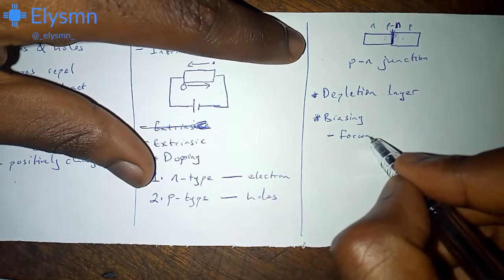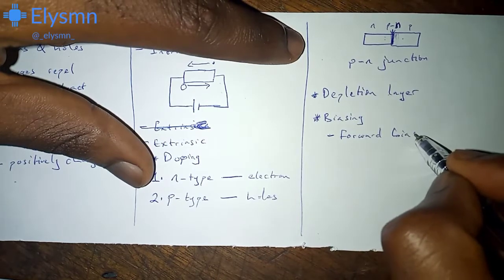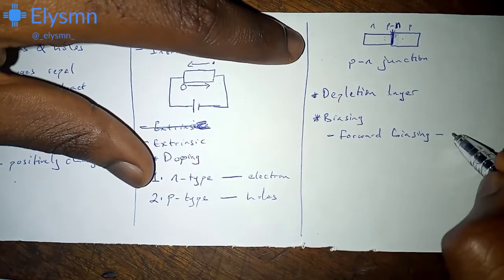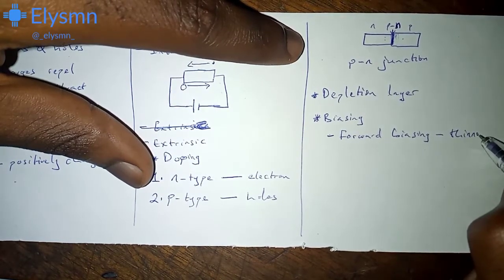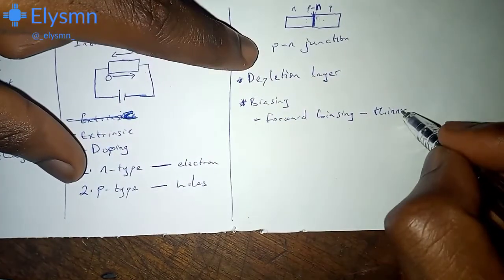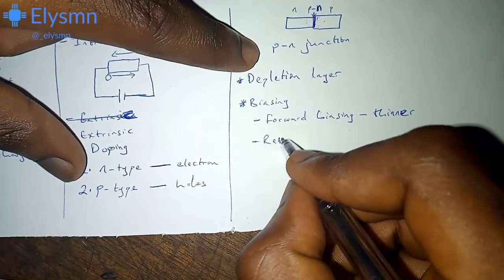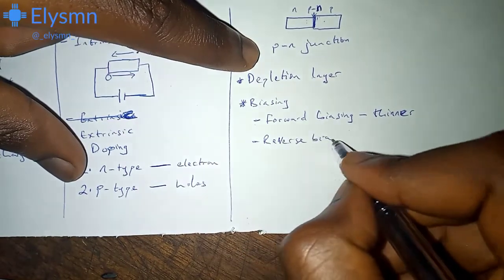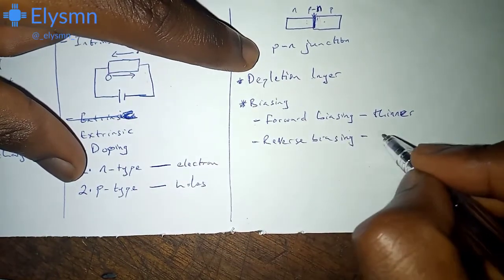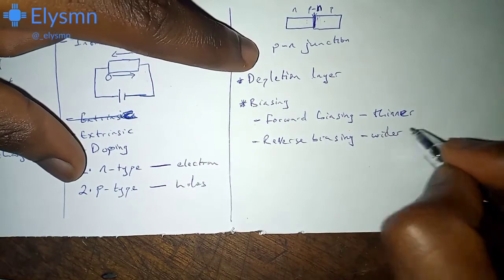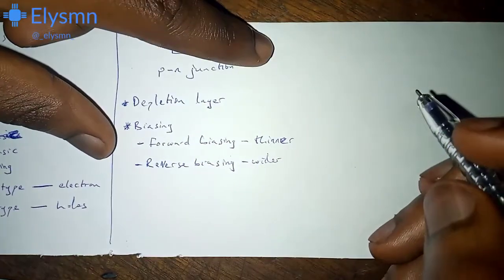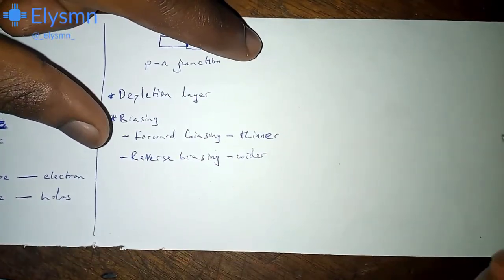And whenever you try to make it wider, you call that reverse biasing. Let me draw that up for you.